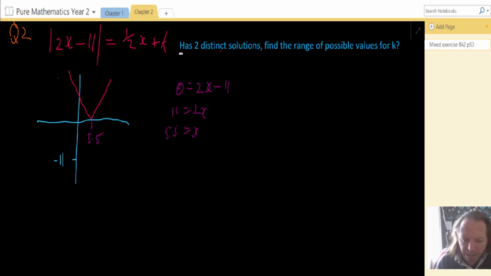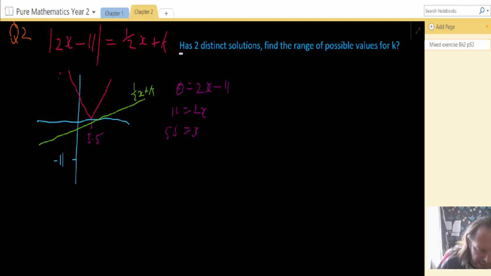Okay, now then, this next bit, a half x plus k. Okay, a half x plus k is a very low gradient thing that's coming through here, and it's going to come along here, and so that's your half x plus k.